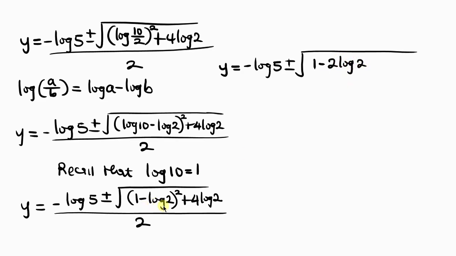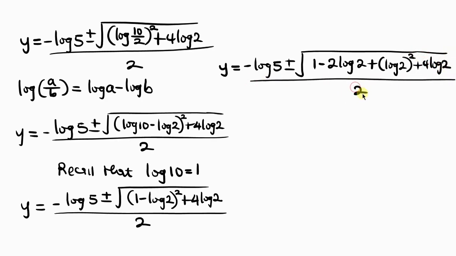And negative log 2 squared, I have plus log 2 squared. You see that? Cool. Plus 4 log 2. Let's extend this a little. All over 2. So y becomes negative log 5 plus or minus the square root.